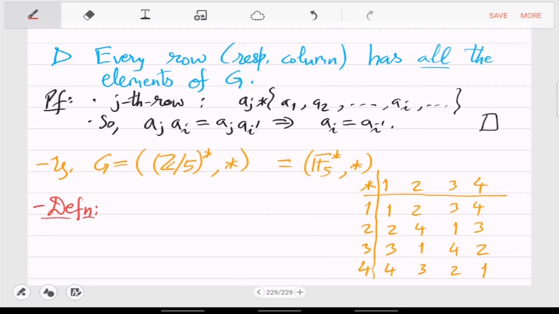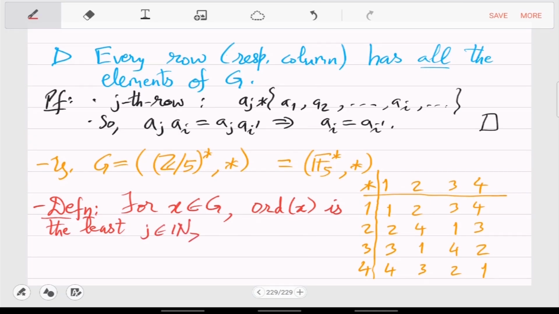For an element X in a group, the order of X is the least number j such that, you have seen a similar definition in the case of fields, right?